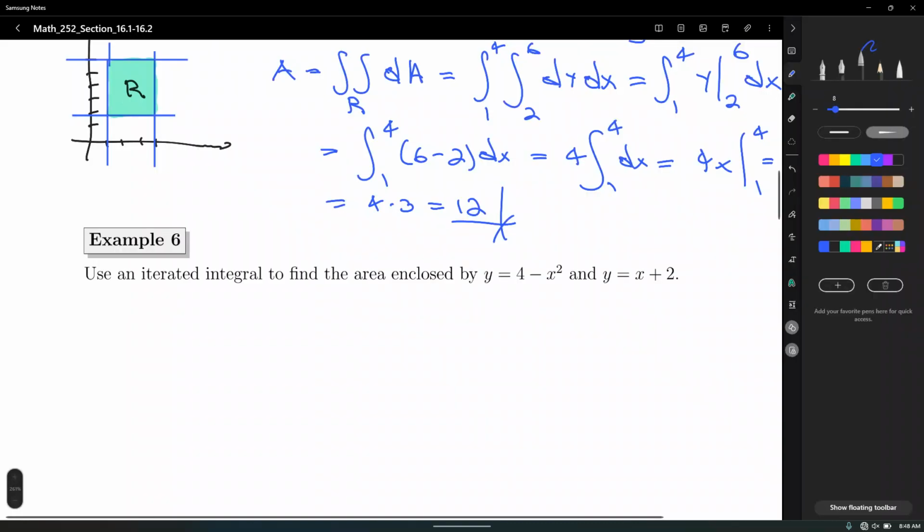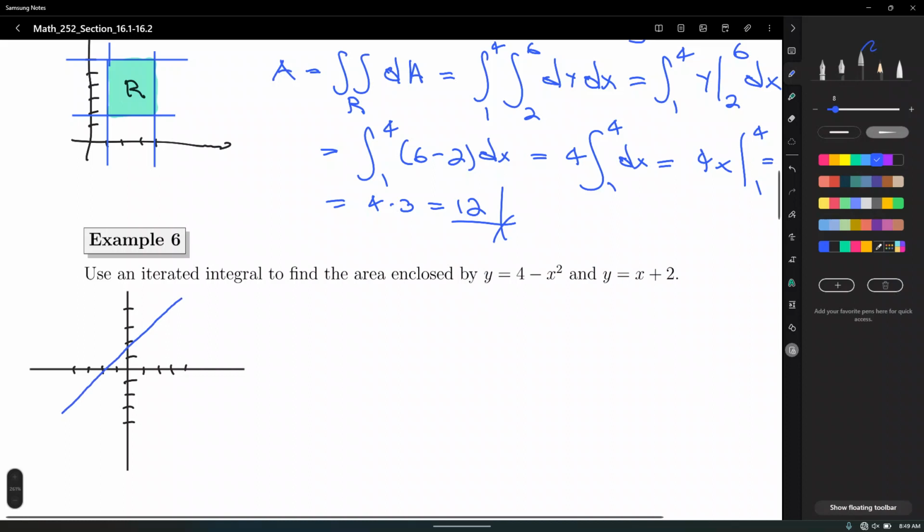So that is 1, 2, 3, and 4. 2, 3, and 4. So what do we have? This diagonal line with a slope of 1 and a y-intercept at 2. That means it's going to cross these 2 points.